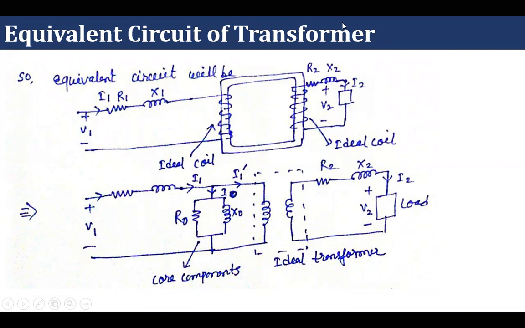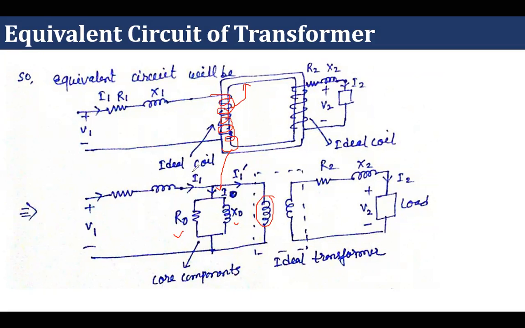Now we are improving this equivalent circuit in the second stage, and in the second stage we are going to represent the core resistance and reactance, and it will be represented towards the primary side. Since this coil is wound around this core, we can treat the core and the coil in parallel fashion, and that's why these components R0 and X0 are connected in parallel with the primary coil.